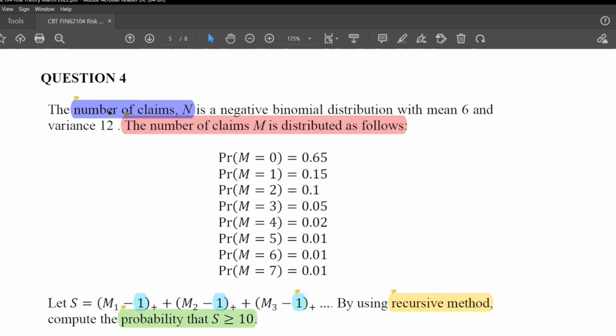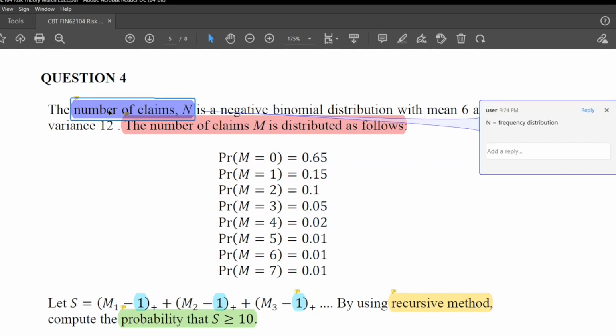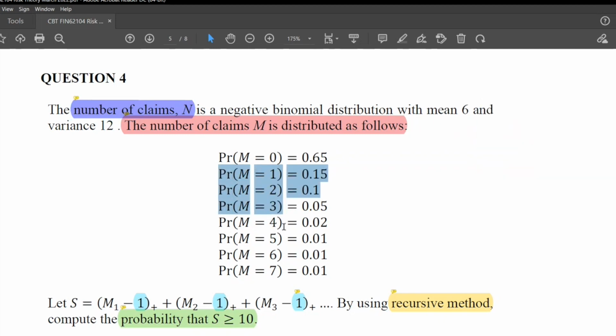So the information that we can extract here is N is the frequency distribution, number of claims, and it is given as a negative binomial, and the mean and variance are also given, which are 6 and 12. And then the probability of M is the severity distribution, which is a discrete distribution in this case.